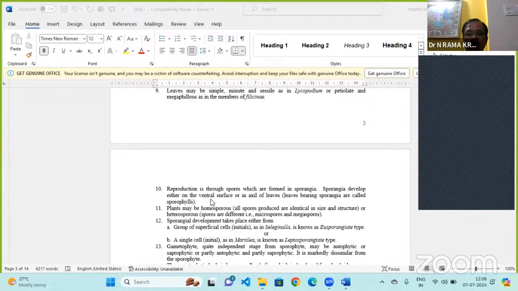In many cases they form a distinct compact spore-producing region called the strobilus or cone. This is the most important point. Other leaves are different; sporophylls are different. The leaves which contain the spores are sporophylls.